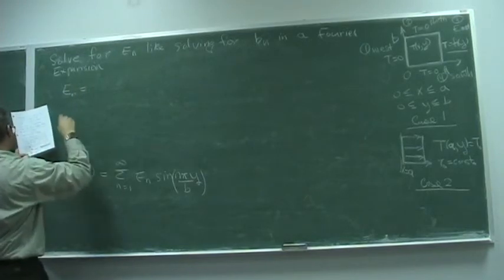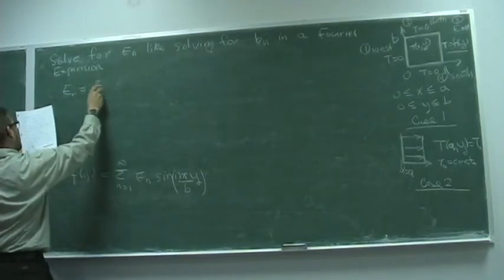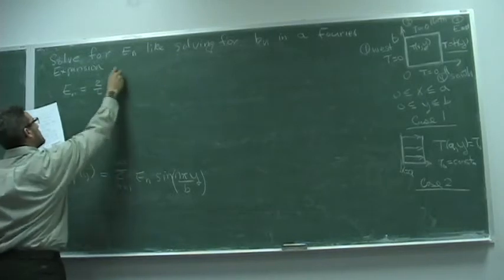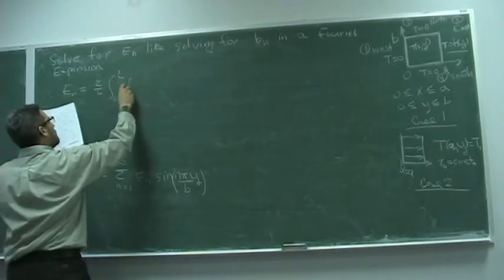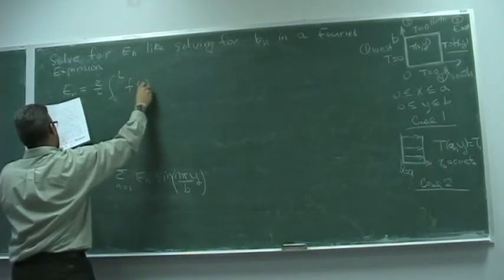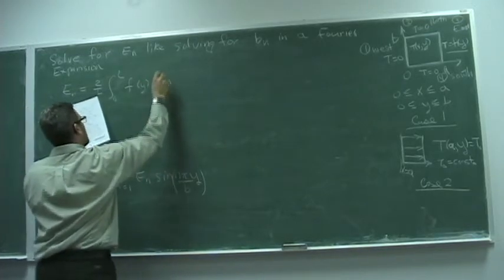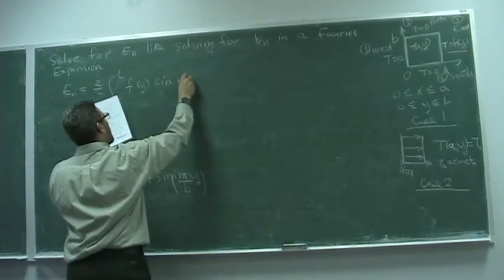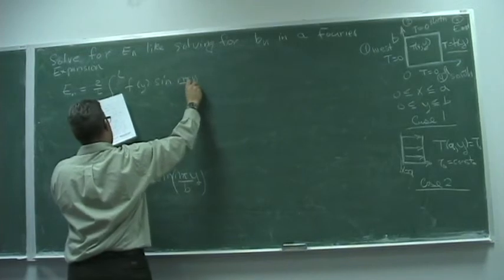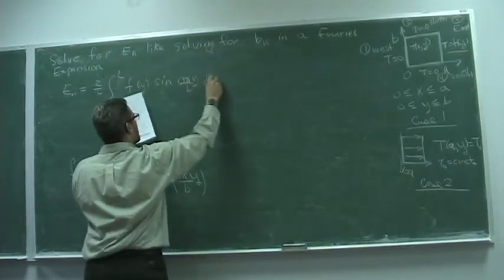In this case, E sub n is equal to 2 over L, integral from 0 to L, f of y sine n pi y over L dy.